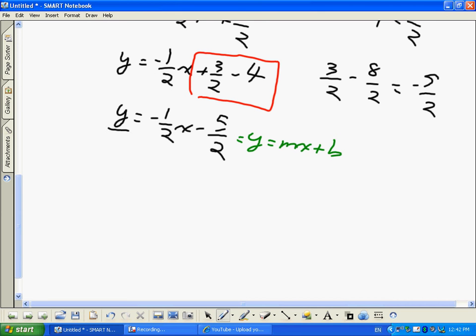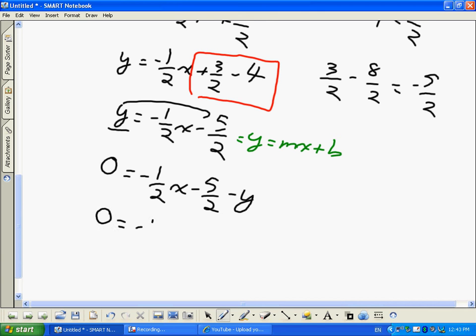So it becomes 0 is equal to negative 1 over 2x minus 5 over 2 minus y. Now normally we don't write standard form in that way. We always put our x first, then our y, then our constant. So we'll rearrange the last step: 0 is equal to negative 1 over 2x minus y minus 5 over 2.